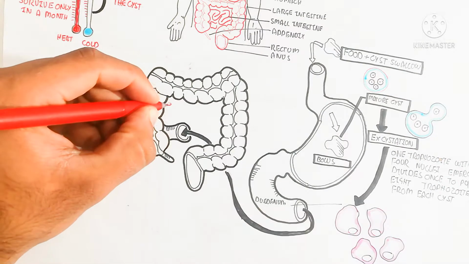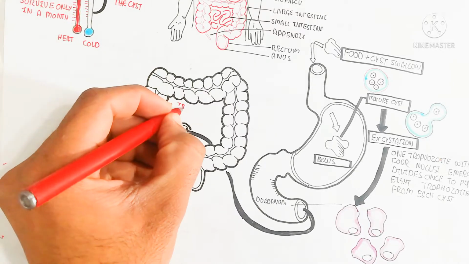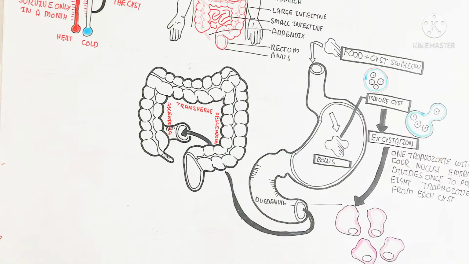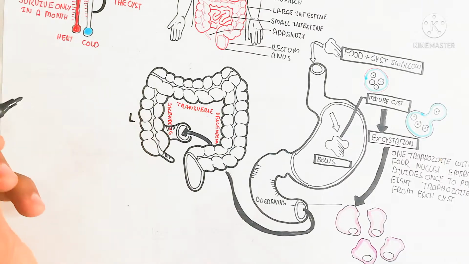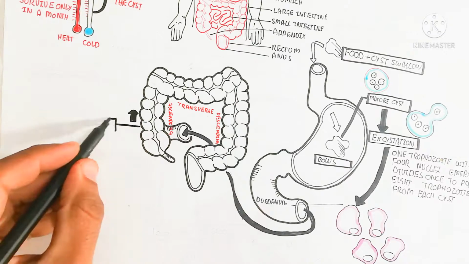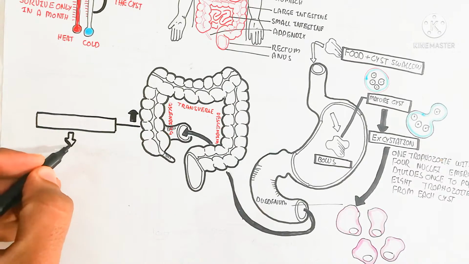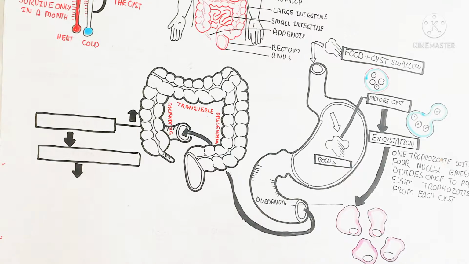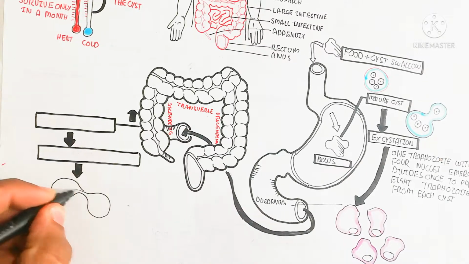From the small intestine, the trophozoites move into the large intestine, which contains the ascending, transverse and descending colon, the sigmoid colon, and then the rectum and anus. Here the trophozoite enters the large intestine, grows and multiplies by binary fission.